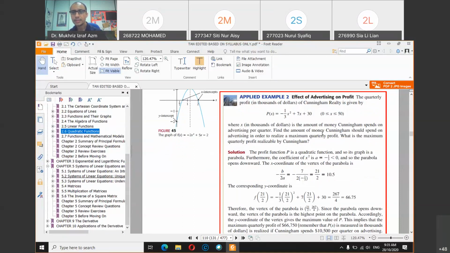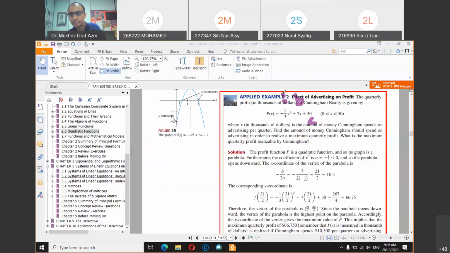So there are several ways to approach it, and this is one of the ways that you can do it. So negative b over 2a. What is b, what is a? When you arrange your function, the x square is your a, x is your b, and the constant is your c.